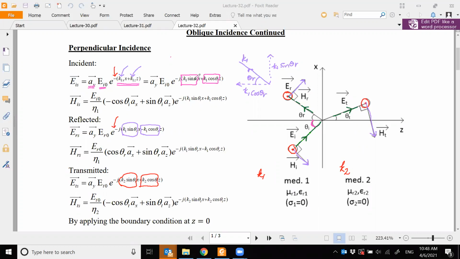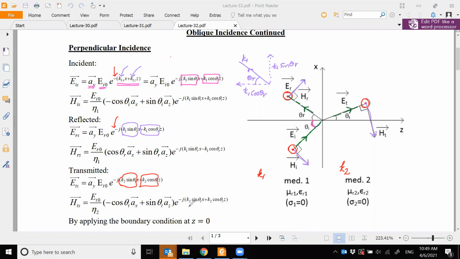Here we have K1 sine theta I and K1 cos theta I because we are in medium 1. And here we are in the transmitted region, so we have K2 sine theta t because K2 and theta t, and here K2 cos theta t.